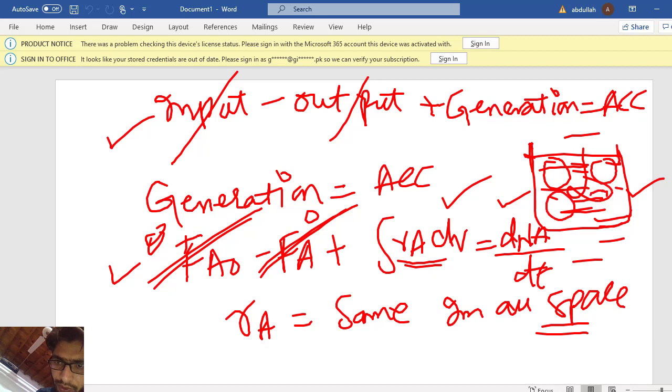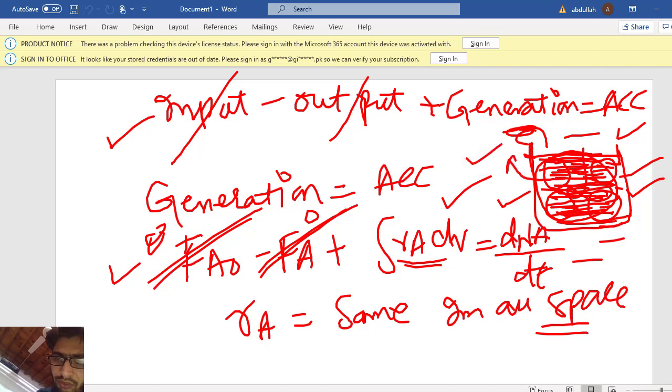It can change after some time, like after 10 minutes or 1 hour, but at one time the rate in the whole volume is the same.